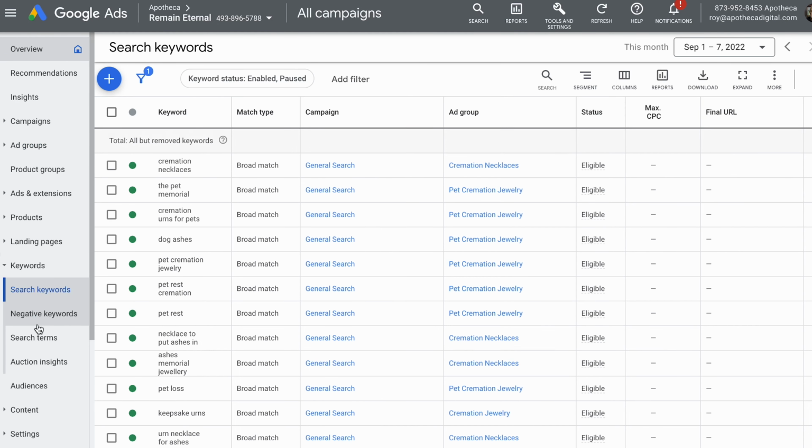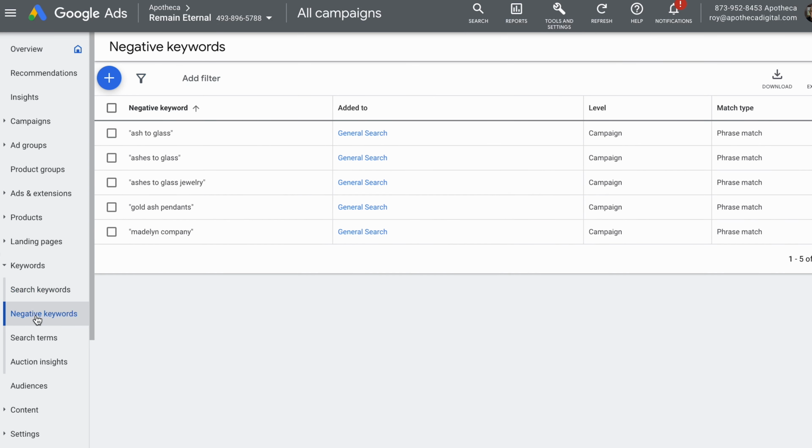The other thing that we find people often overlook is negative keywords. If you sell something that may be commonly confused with another product, or say you're bidding on a brand term and there are other companies that use that brand, but maybe in conjunction with a different name or parts of a name, making sure that you're adding negative keywords will tell Google that when people are conducting this specific search, not to show my ad.